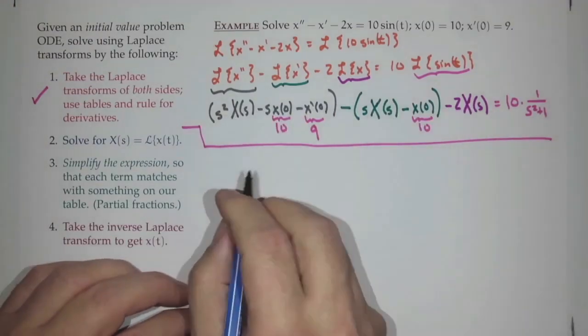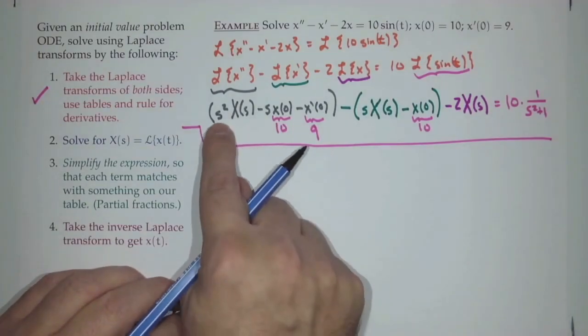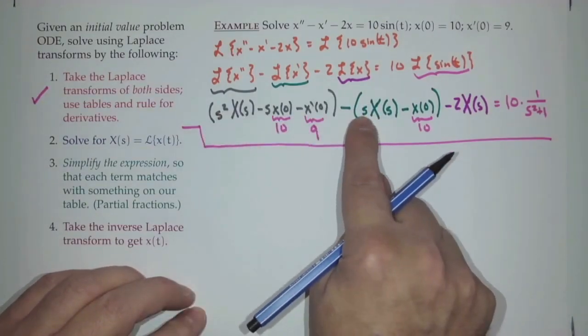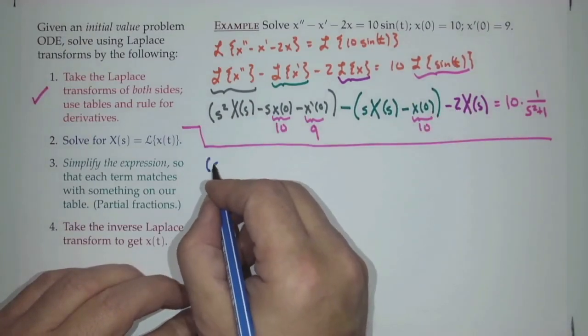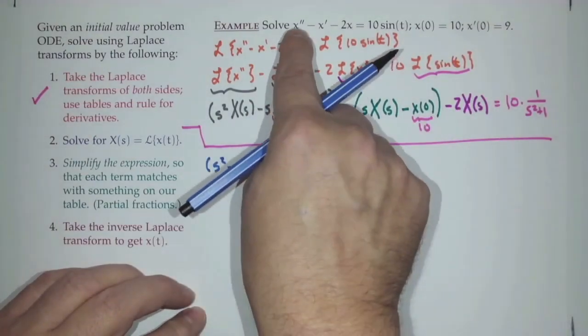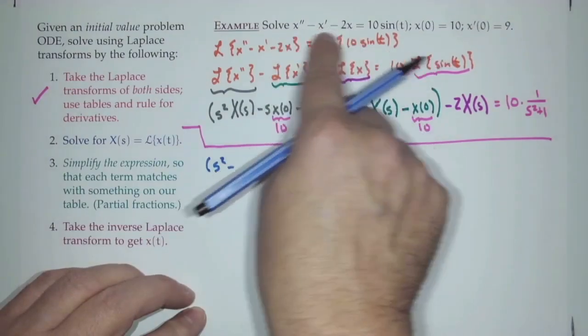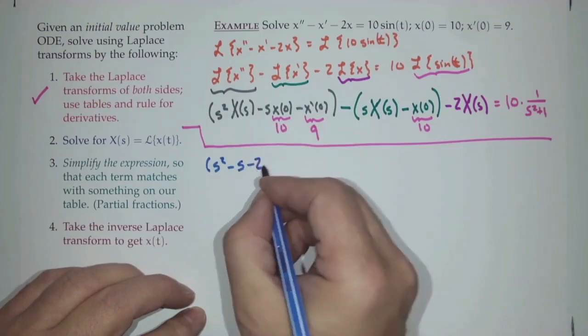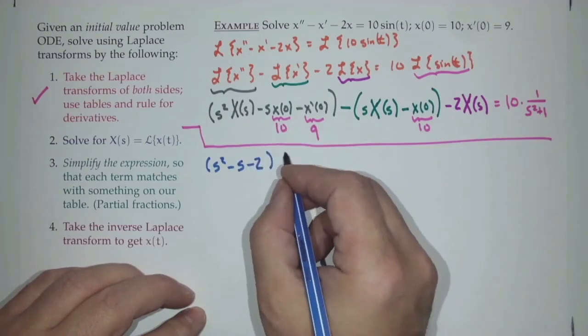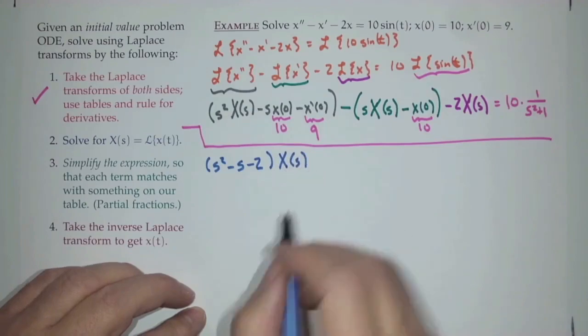So let's gather what's in front of the x of s's. So we have s squared minus s minus 2. And you might be thinking, hey, that feels kind of like s squared minus s minus 2. Feels like the kind of thing we would normally do with these kinds of problems. And it's not a coincidence. What else do we have?